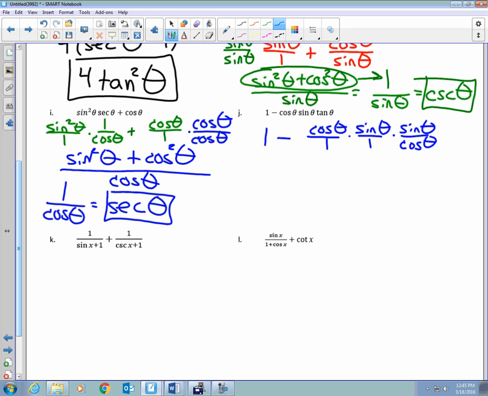When in doubt, I just try to rewrite in terms of sine and cosine if I can't substitute something. Maybe something will go away. Cosines go away. You're left with, which is awesome sauce.